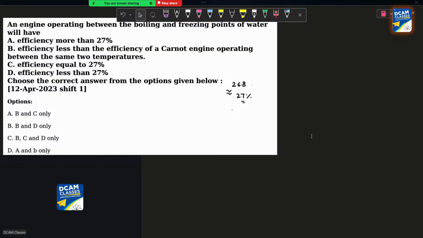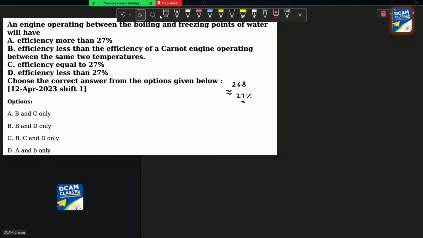What was your answer, Haripriya? I told A. A you told, na? Mm, B and C. No, no, no. Earlier, you told that the efficiency you're getting is 26.8.